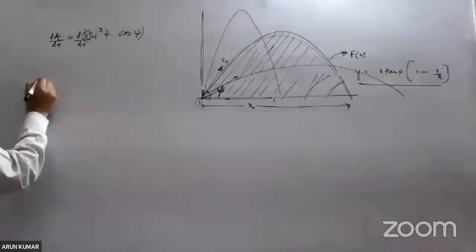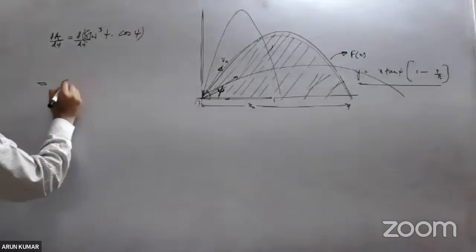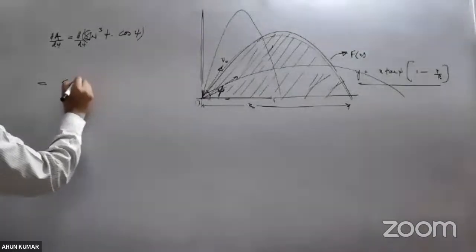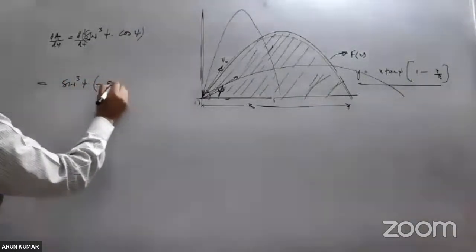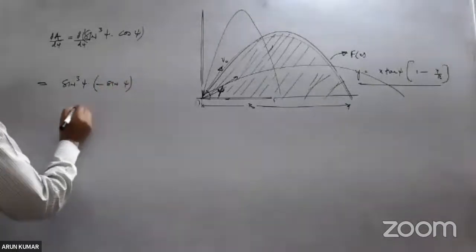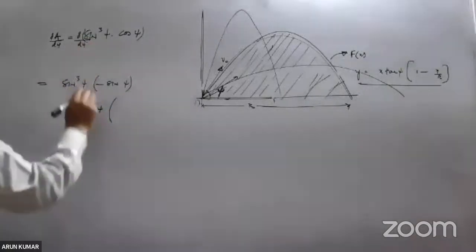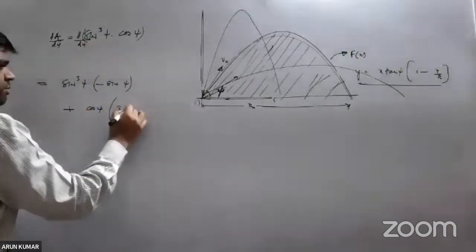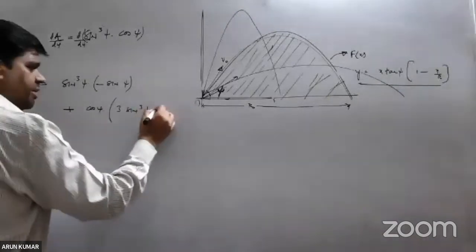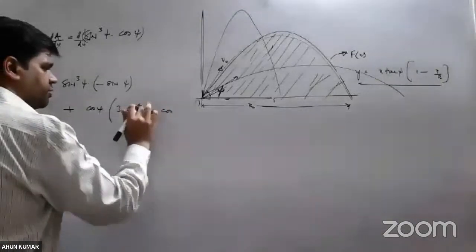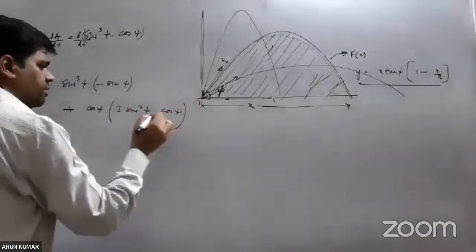I'll have dA by d psi is equal to sine cube psi into derivative of cos, which is minus sine, plus cos psi into derivative of sine cube, which is 3 sine square psi cos psi.